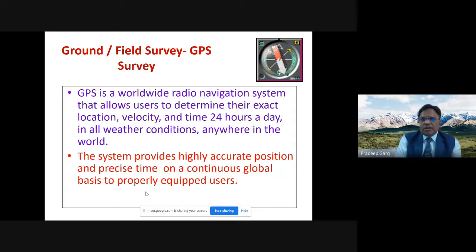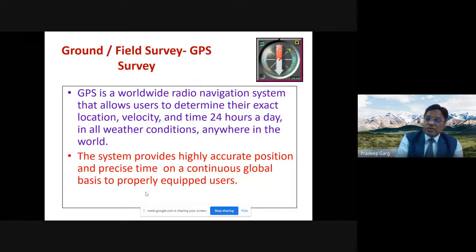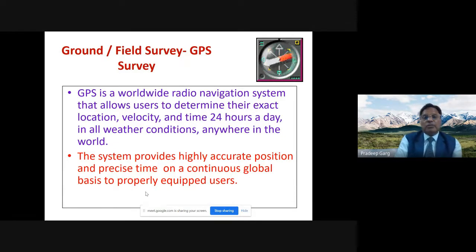This instrument, in fact, we have to carry in the field wherever we want to collect the data. This is a global positioning system. That means this works globally. Anywhere we take this instrument on the globe, it will give me the position. Position is in terms of the latitude, longitude, and the height. Because the civil engineers say latitude, longitude, and the height with respect to mean sea level or with respect to some datum.